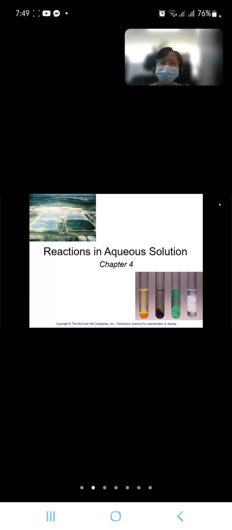So for example, if you have a 70% isopropyl alcohol solution, it is composed of isopropyl alcohol and water.